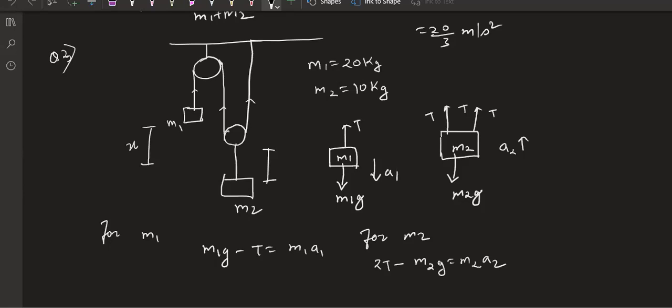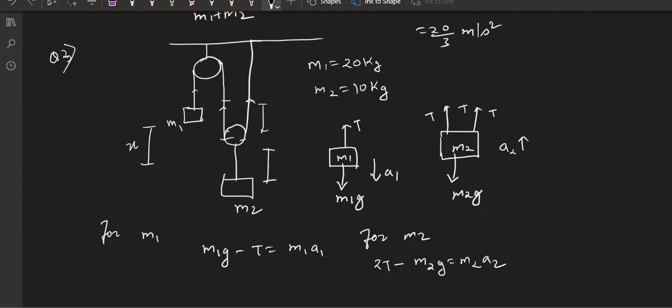How come x? If this pulley goes up, it means this wire and this wire have both gone x distance up. Yes or no? If the pulley goes up by x distance, how much will the length of the rope change?